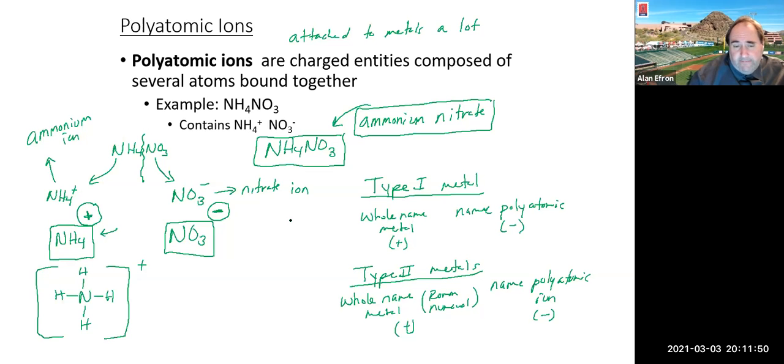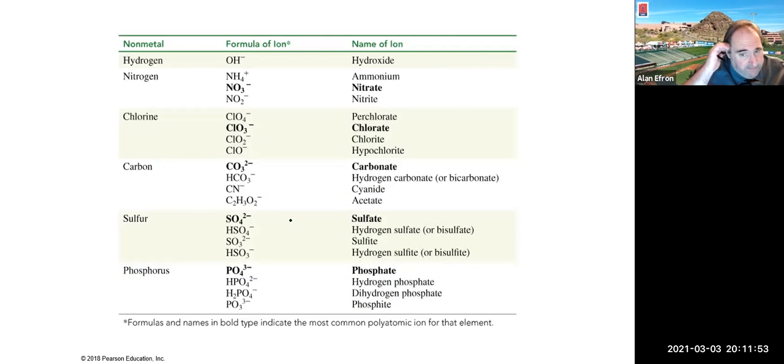Here is a chart from your book of some polyatomic ions. The good, bad news is, you just have to memorize these things, the formulas and the names. There are ways that you can help yourself memorize names. If you look at this chart, and we'll see another chart as well, for example, NO3 minus, the 1 nitrogen and 3 oxygens all together, has a -1 charge.